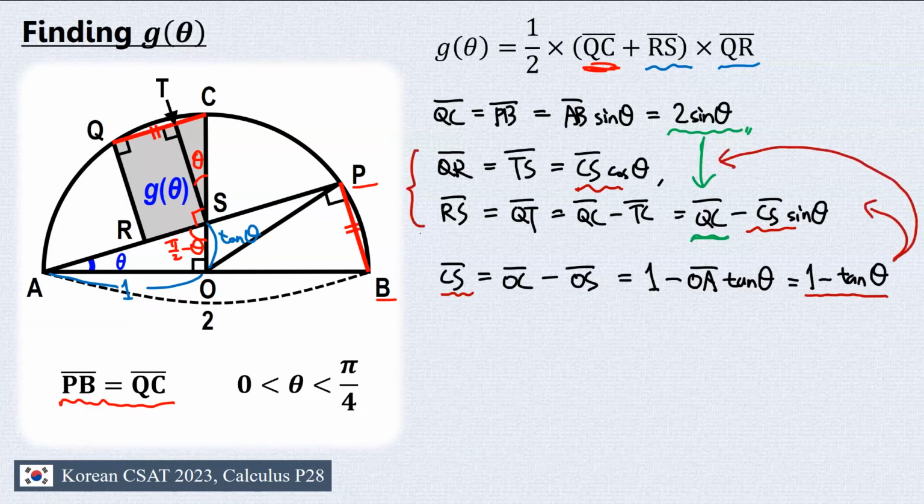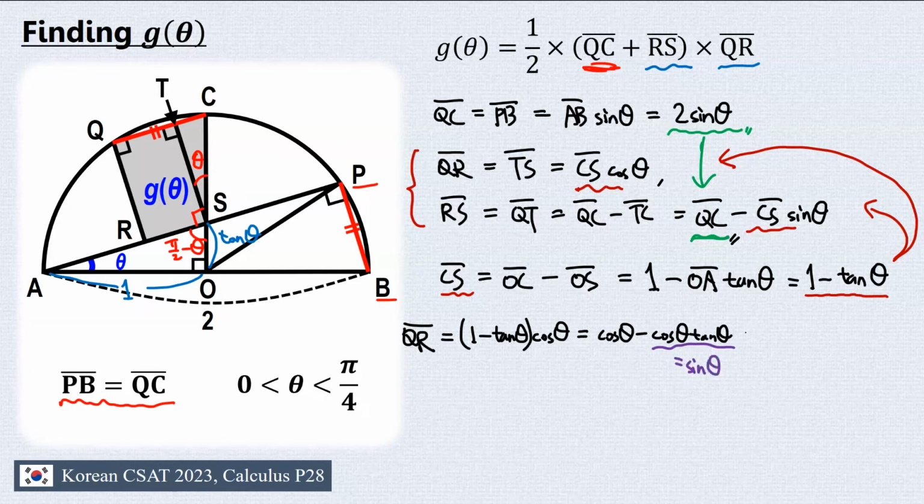Therefore, from here, QR equals 1 minus tangent theta times cosine theta. So we have cosine theta minus cosine theta tangent theta, and this cosine theta tangent theta equals sine theta. So we have cosine theta minus sine theta.